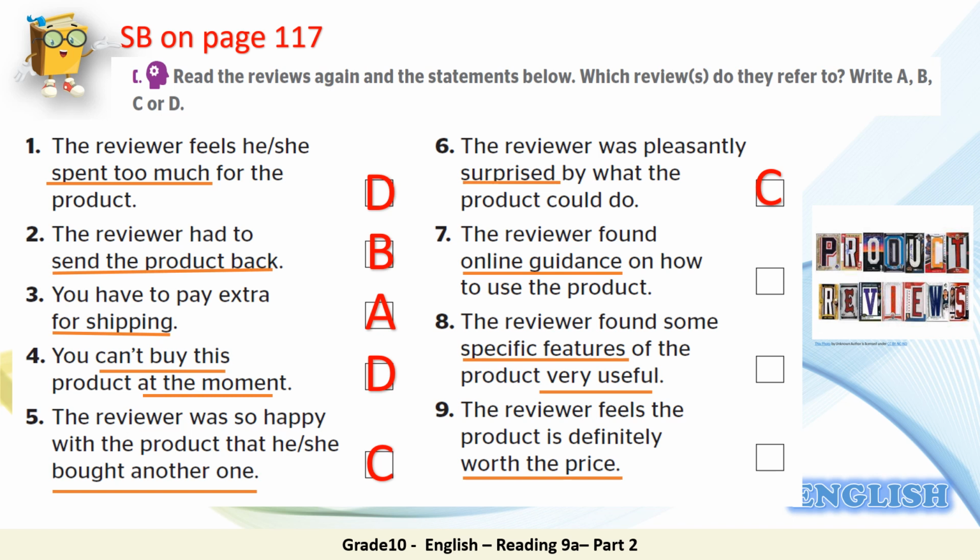Online guidance, this is the keyword. Very good, it was the fitness tracker. Number 8, which reviewer found some specific features of the product very useful for him? Excellent, you should have answered C. And how about the last statement? Which reviewer felt the product was worth the money he paid for it? Very good, it was again the fitness tracker.